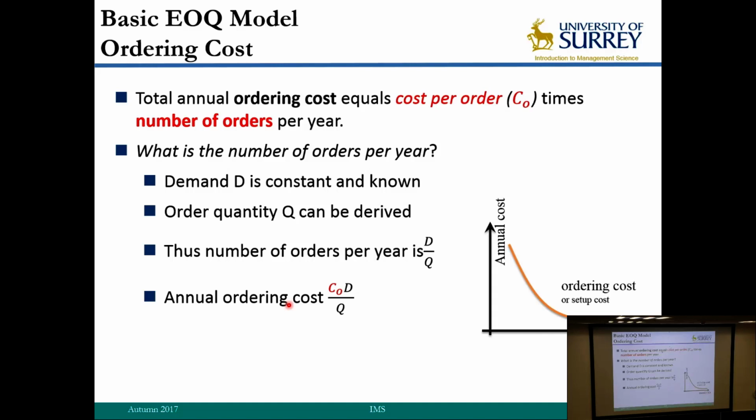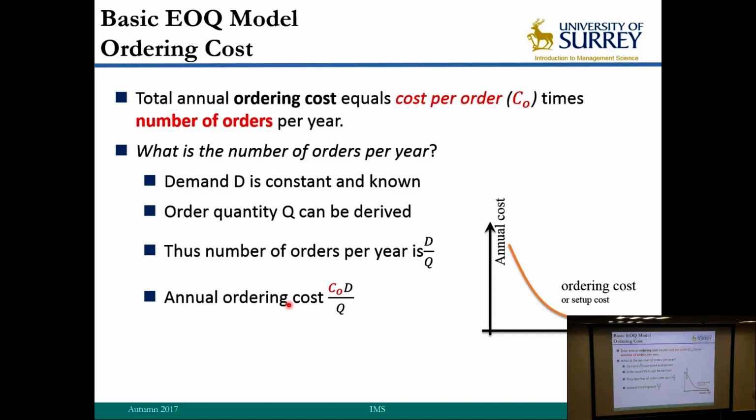Usually, we consider the ordering cost based on the number of orders per year. So how do we find the number of orders? That should be based on the constant demand, because we assume we know the demand D is a constant.